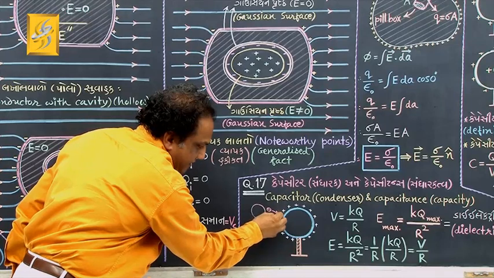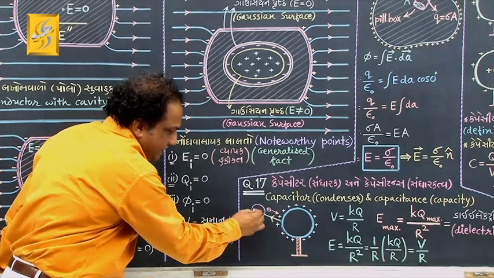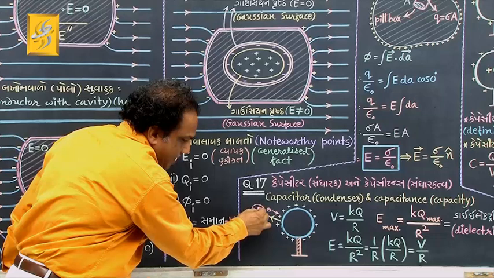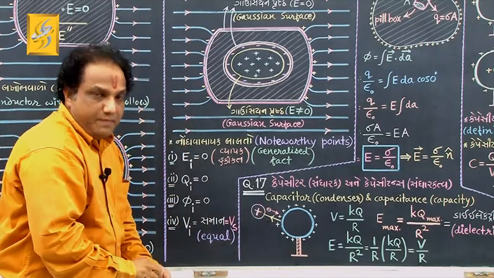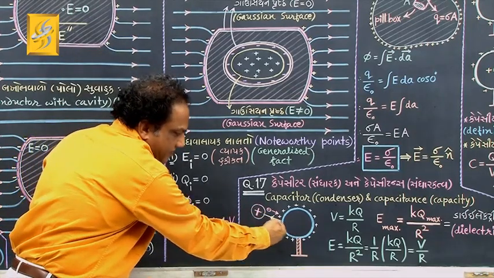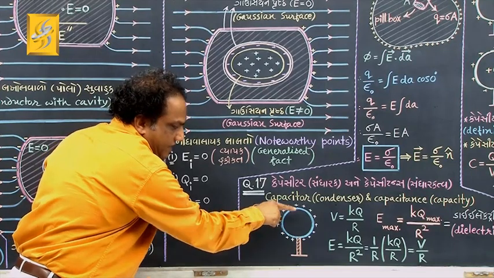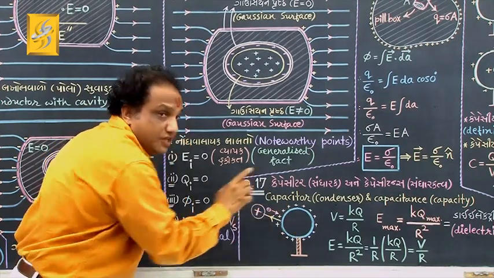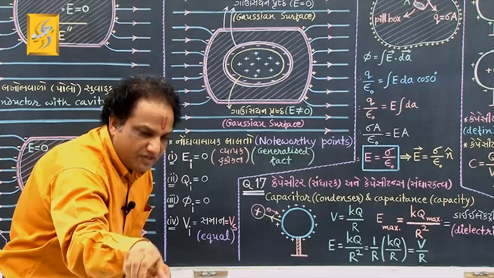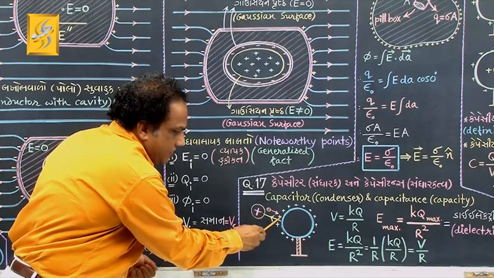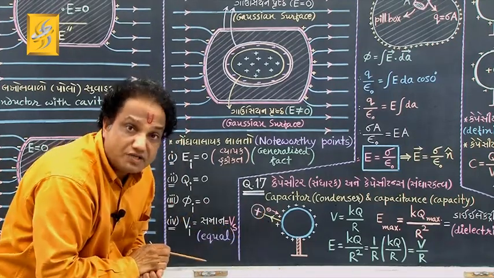And after losing an electron, this neutral atom will get transformed into a positive ion. And that positive ion is repelled by this electric field this way. Electrons are attracted towards this positively charged surface, and then the electron will simply neutralize this positive charge. Correct?